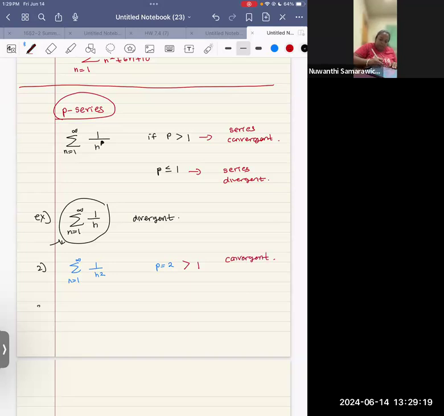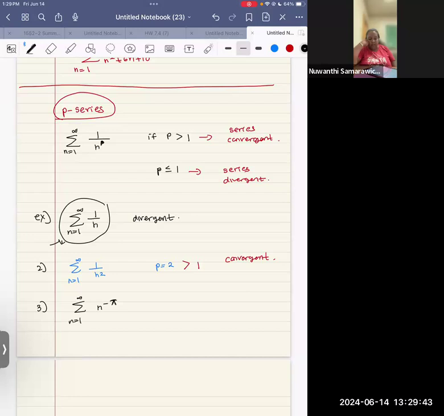Okay. Then what about this? Now can you all think about this? Is it convergent or divergent? This is n to the power negative pi. What do you think?